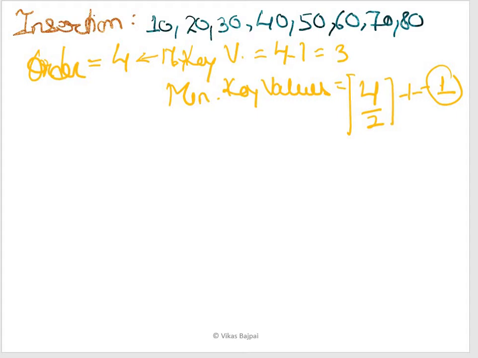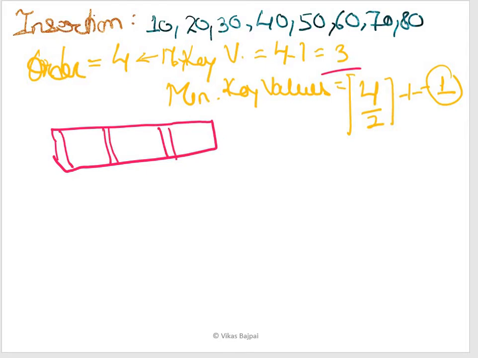So let's start inserting the values. To start with, we know that I cannot have more than 3 key values, so I'll have something like this. I have inserted 10. Next comes 20, so I'm inserting 20.